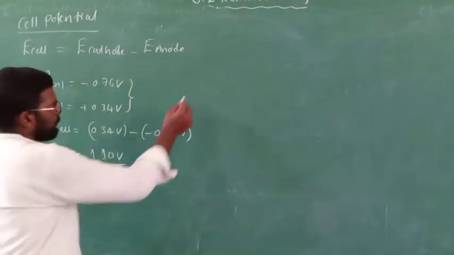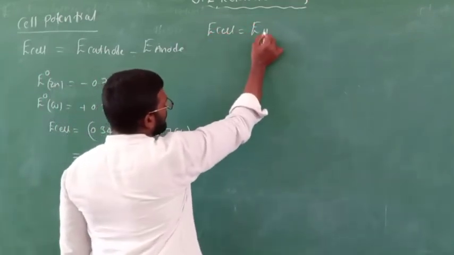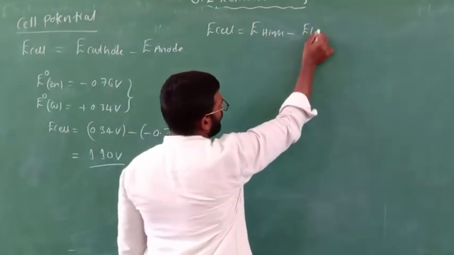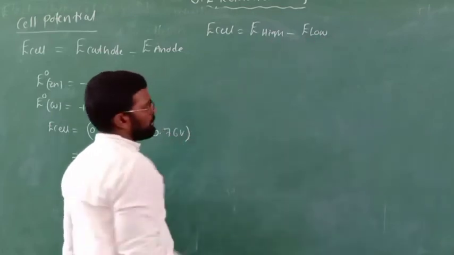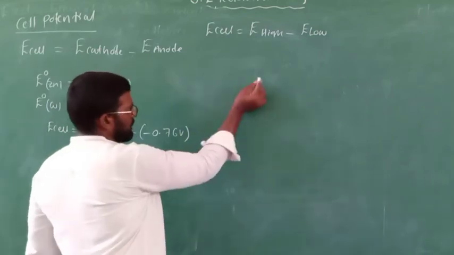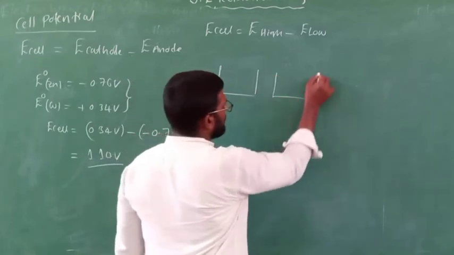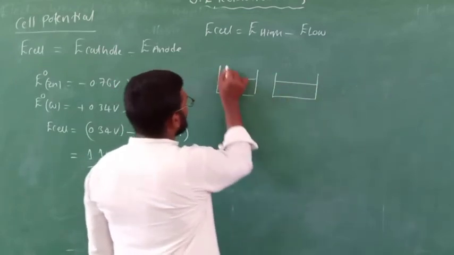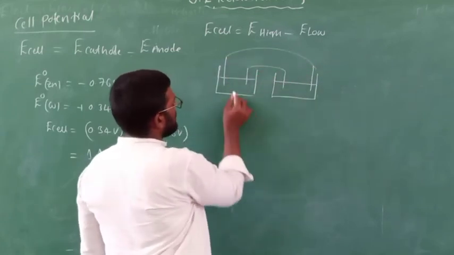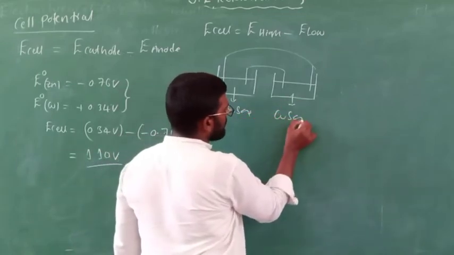Otherwise the formula can be modified as: cell potential E cell is equal to higher potential value minus lower value. That's very simple. And if you see the galvanic cell, I am briefly drawing it here once again: zinc rod, copper rod connected with an external wire. This is the salt bridge. This is zinc sulfate solution. This is copper sulfate solution.